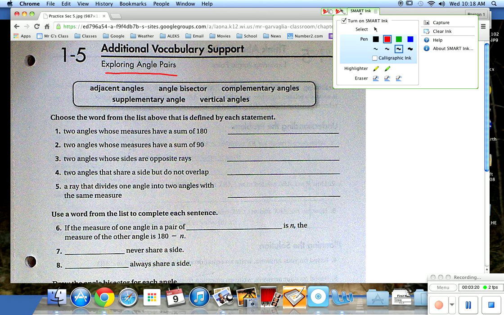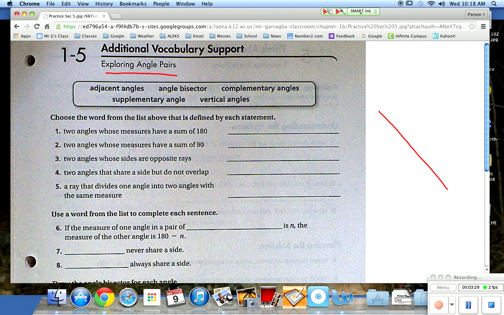And the last one, vertical angles. You will see this eventually. Don't worry about it because we're going to match it up with what it is in here.